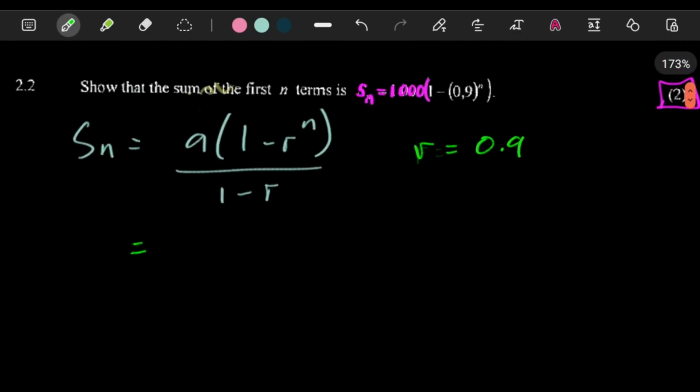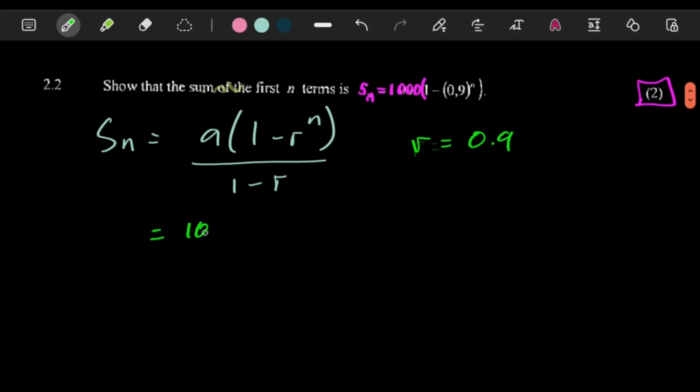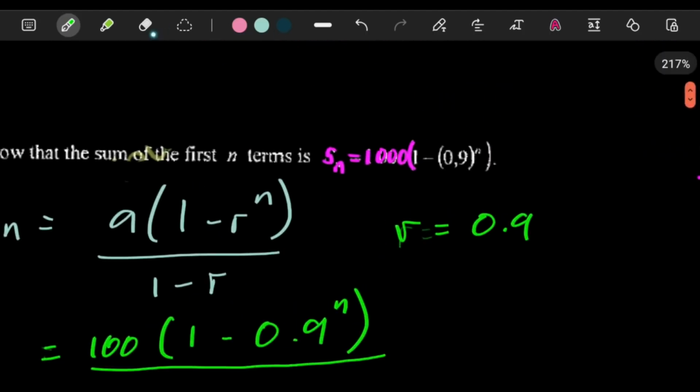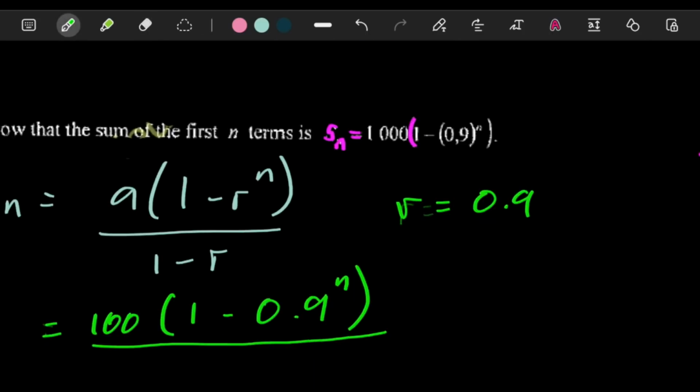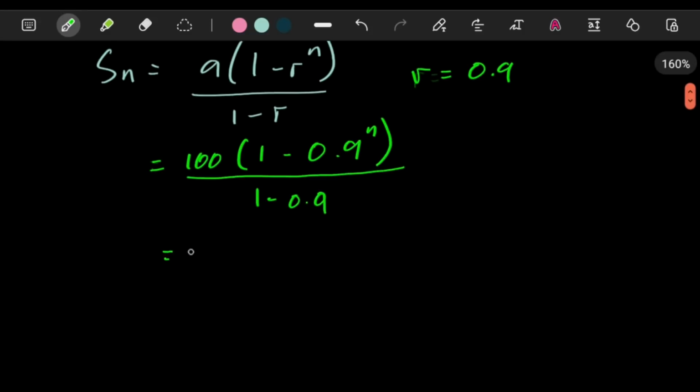So A here is 100. Okay, it makes sense now. We get an answer, but I think this 1000 is just an error. No, the bottom: 1 minus 0.9 is 0.1.